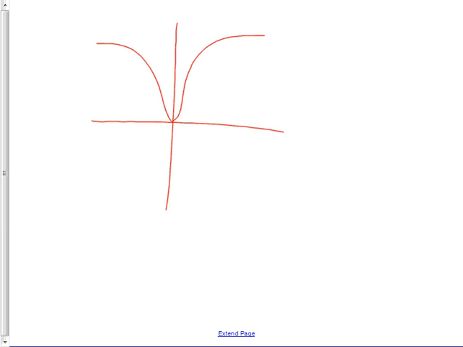Does that have even symmetry? Yes, it does. And if it has even symmetry, then if it has the point right here of 8, 6, what do you know has to be on that one? Negative 8, 6 would have to be on this one if it truly has even symmetry.